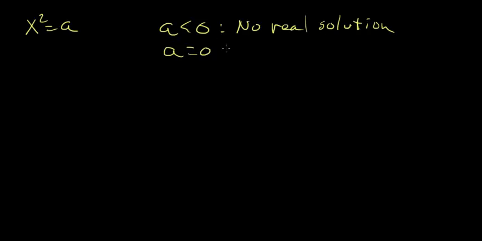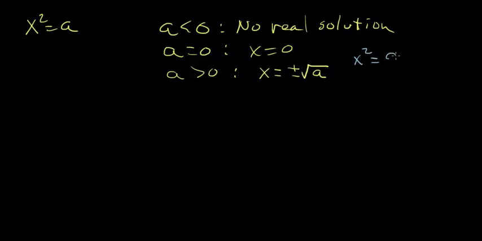If a is equal to 0, then x equals 0, of course. If a is greater than 0, then x is equal to plus or minus the square root of a. For example, x squared equals 9.